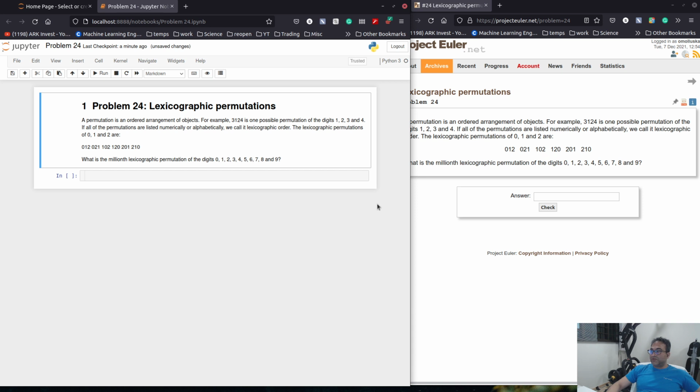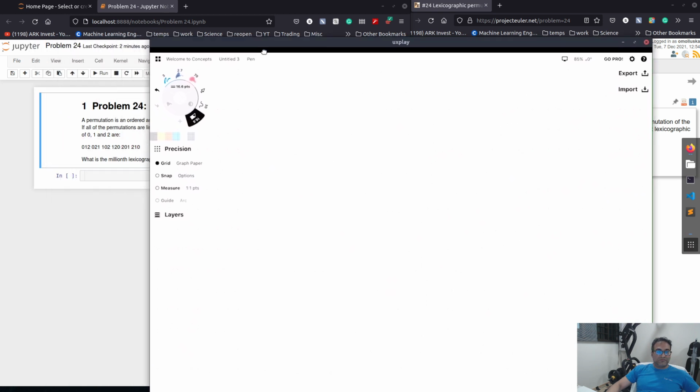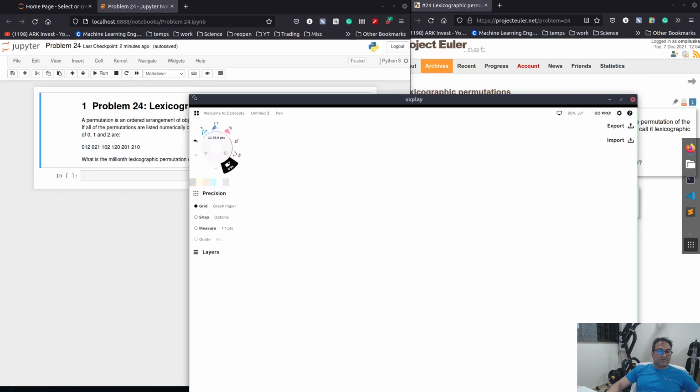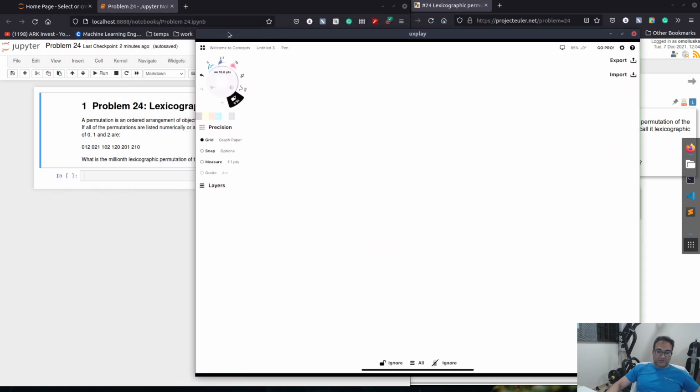So how do we go about solving this? Okay, so let me bring my notebook over and try to solve this problem and see whether we can solve this problem. This looks like an interesting problem.